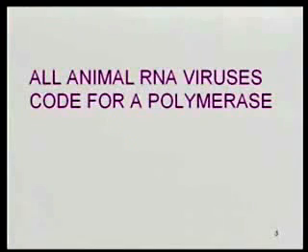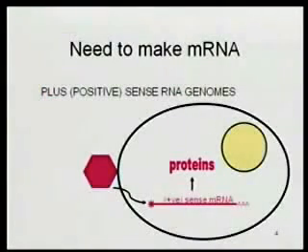So all of these RNA viruses that we're going to talk about are going to have to code for their own RNA polymerase because we don't provide it. So number one thing is every one of these is going to have a gene coding for a polymerase.